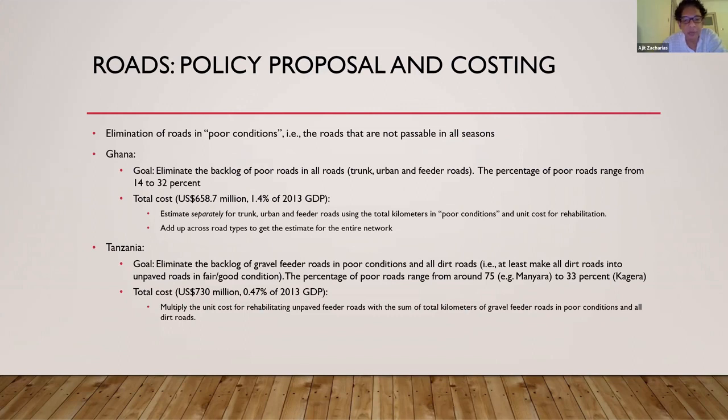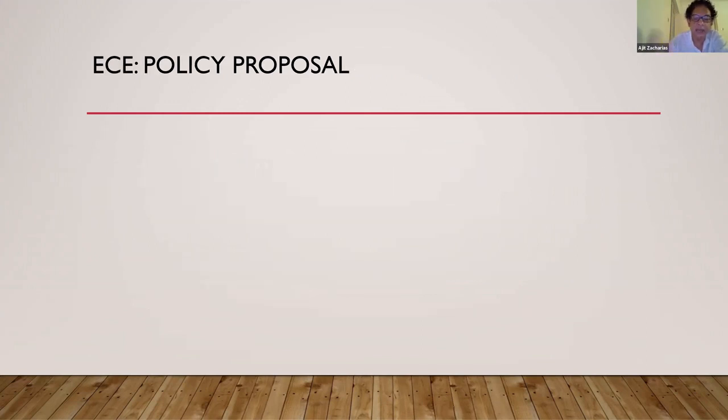The percentage of poor roads, again, if you look at the variation across regions of Tanzania, ranges from 75% in Manyara to 33% in Kagera. The total cost, again, we come up with using the same methodology. You need a unit cost estimate and you need an estimate of the total volume of work to be done. So it's that same method that's used to arrive at the total cost for Tanzania too.